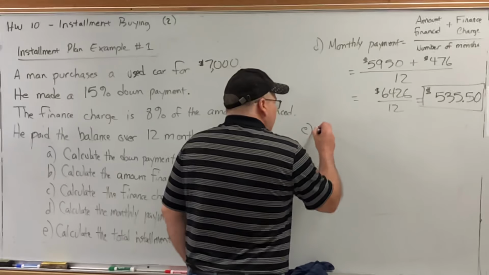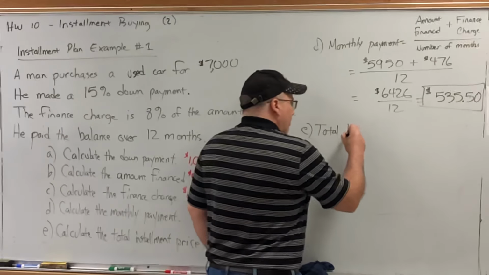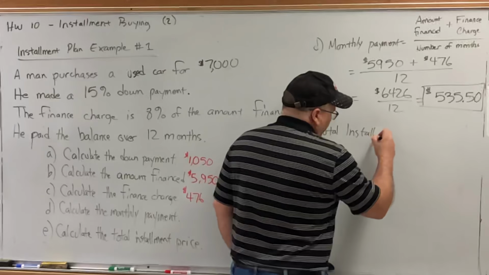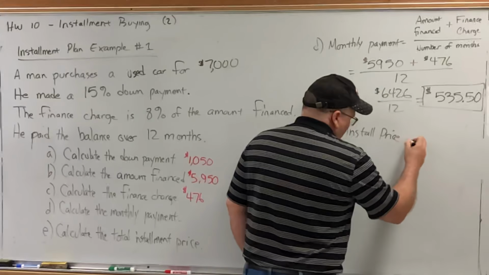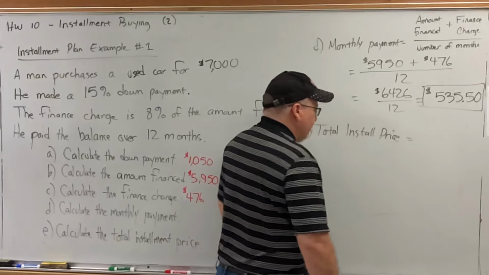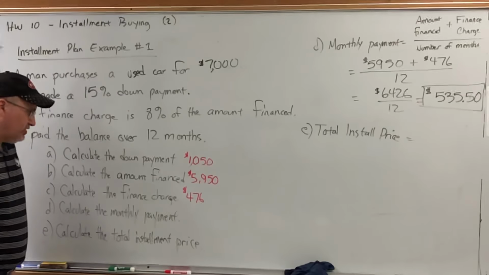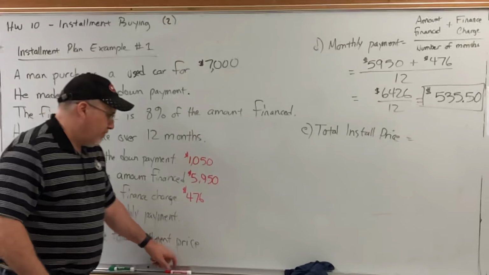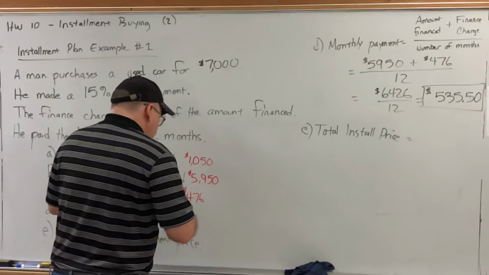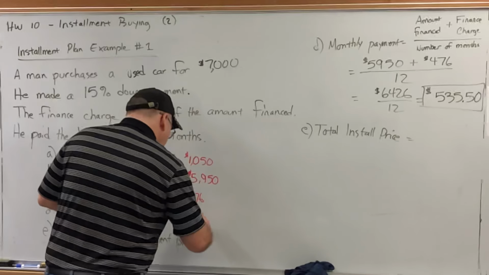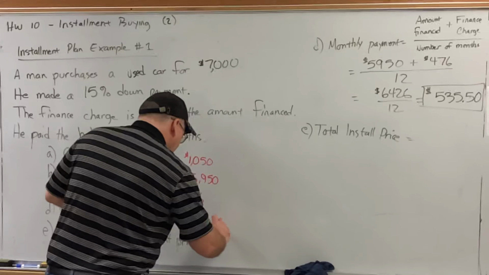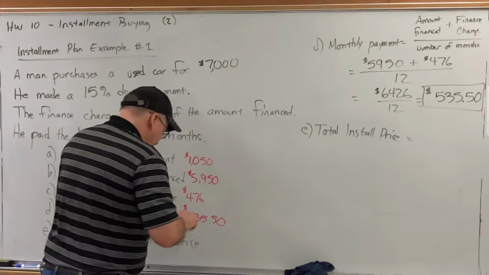So what's the total installment price? There's actually a couple of ways to think about it. In the previous video, one of the formulas for a total installment price was the sum of all the payments plus the down payment. Let me write down the monthly payment here.